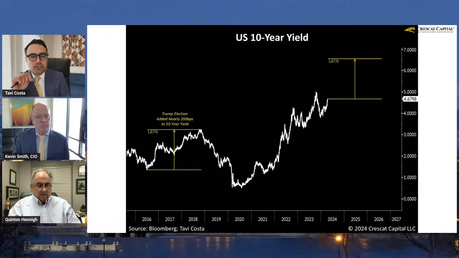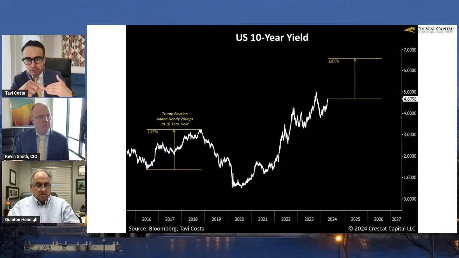You add another 2% here, and we are talking about over 6% yield in the 10-year. And I would suspect that in an environment where yields go even to 5%, let's just say I'm wrong and maybe we just see 100 basis points rather than 200 basis points increase, what would that do to equity markets?